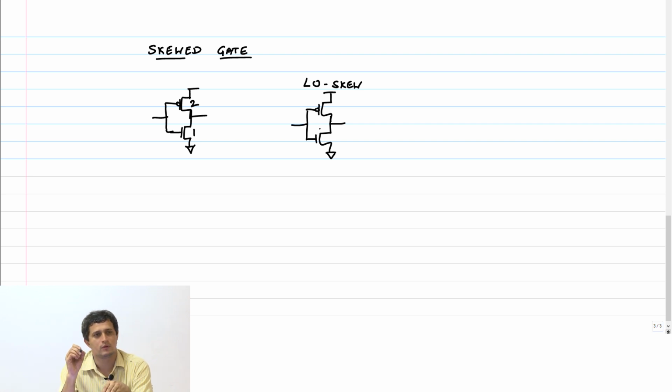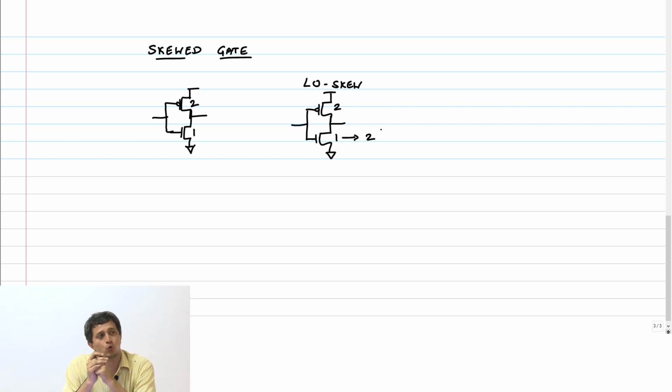So what I want to ask you is, if I want to favor the falling edge, and I want to reduce the logical effort, what should I do? Increase the size. Okay, so you're saying instead of 1 and 2, you want me to make this, let's say, 2.